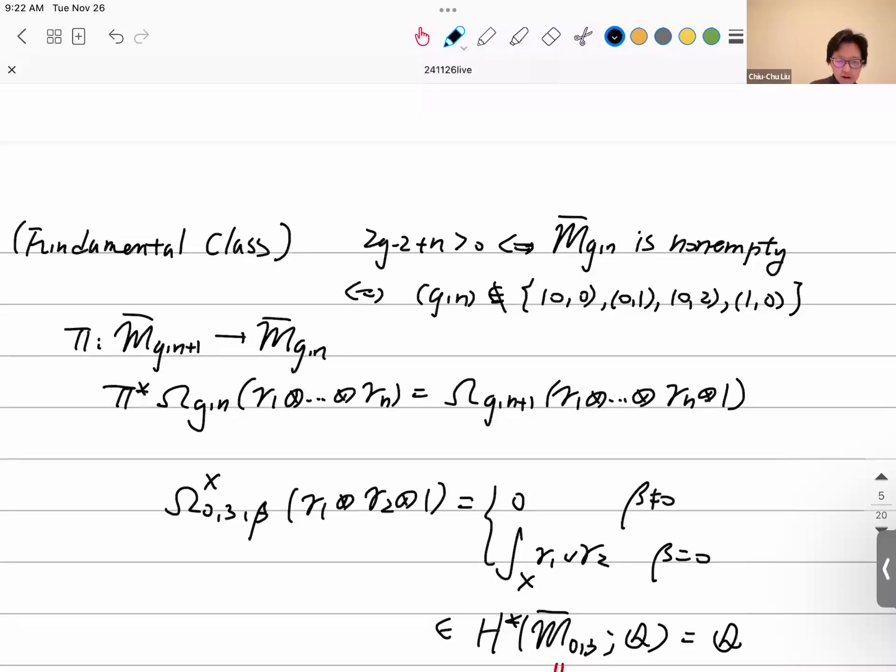So if you pull back omega g,m beta via this pi, in the last component you add the unit of the cohomology of the target X. And for omega 0,3 beta, it is 0 if beta is not equal to 0, and it is a pairing of gamma 1, gamma 2.